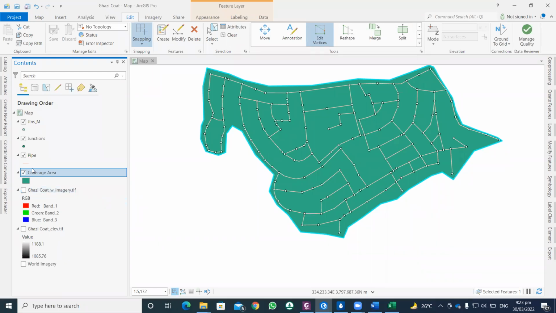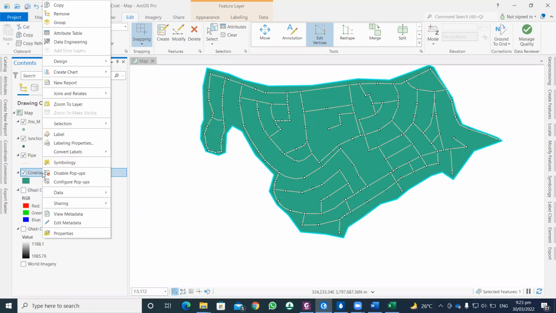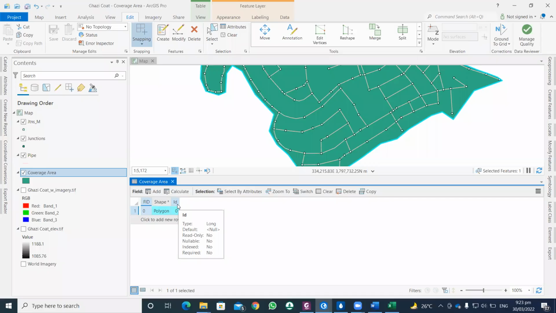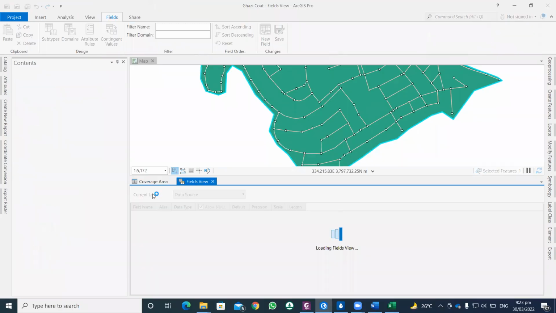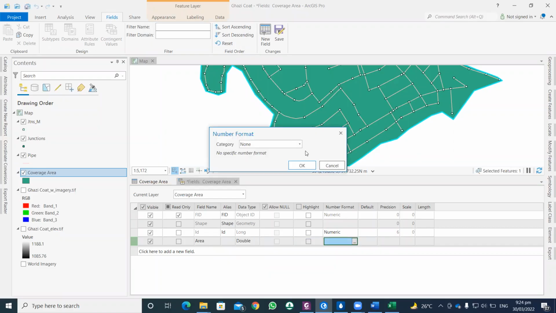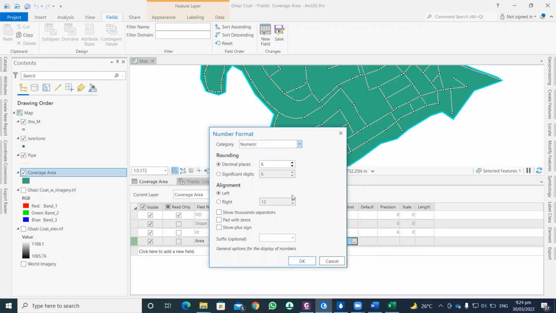Okay, so let me define some attributes for this polygon. I will create an area field, similarly a population field, and a demand field. Area, double, numeric.